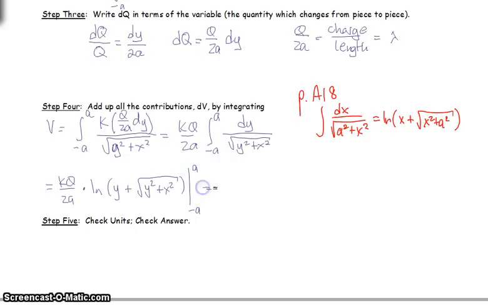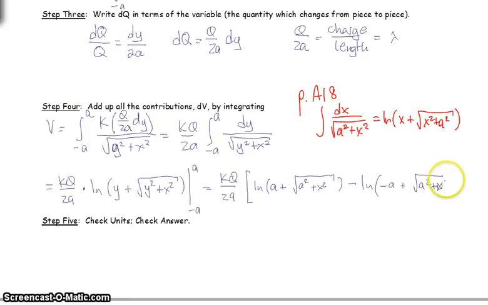So I'm going to plug those in now. kq over 2a times the log of, plug in a, plus the square root of a squared plus x squared, minus the log of, now plug in negative a, plus the square root of a squared plus x squared.